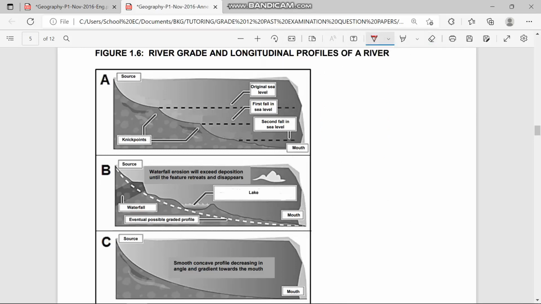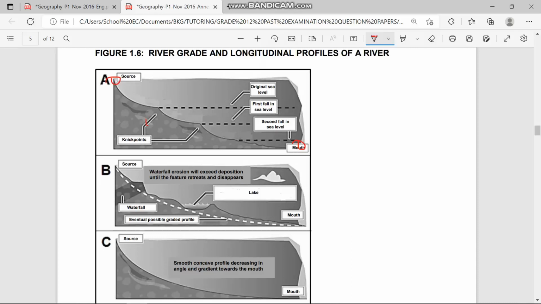Before answering, I forgot to check our annexure. So let's check our annexure. We have diagram A, B, C. Let's start with A. There is a source up there and a mouth there, which proves that it's a longitudinal profile of a river.